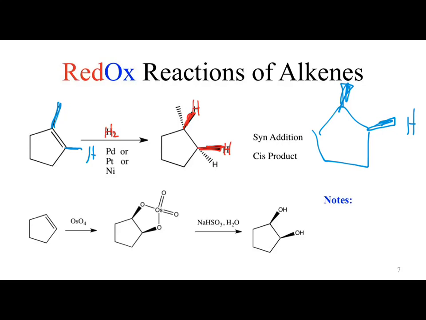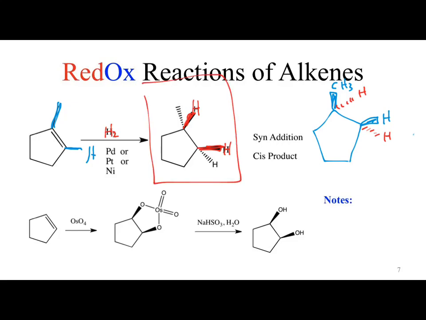Okay, let me redraw them, make them a little bit cleaner. If I draw out the attack where our hydrogen comes in from the back side, we've got our methyl group now coming at you. What's the relationship between my red structure and blue structure?